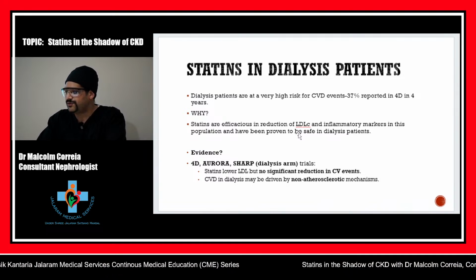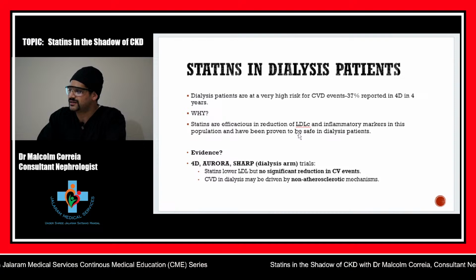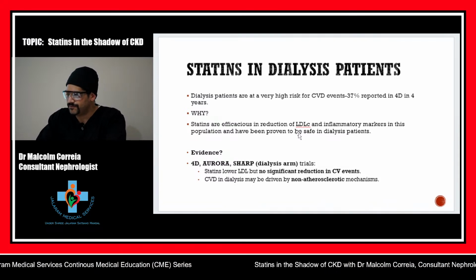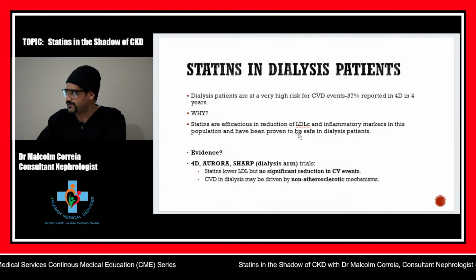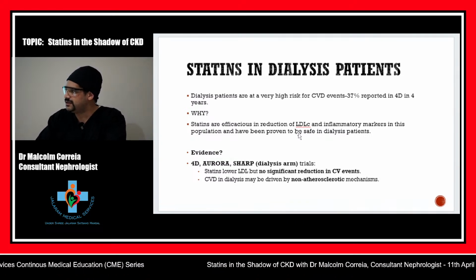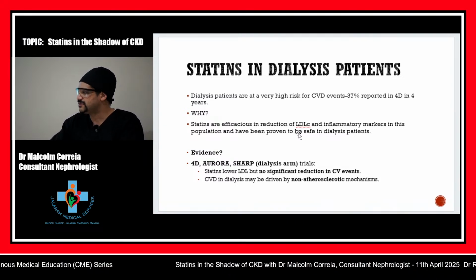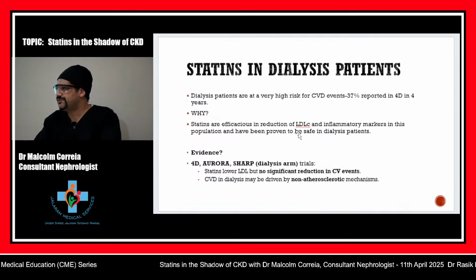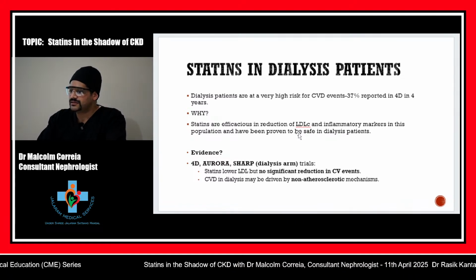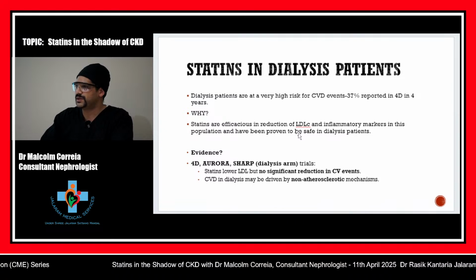And therefore, in the dialysis patients, the results are a bit less positive, okay? In the studies that were done, the 4D, Aurora, and the SHARP studies, which included the dialysis patients, they did not find a significant reduction in cardiovascular events in these patients.